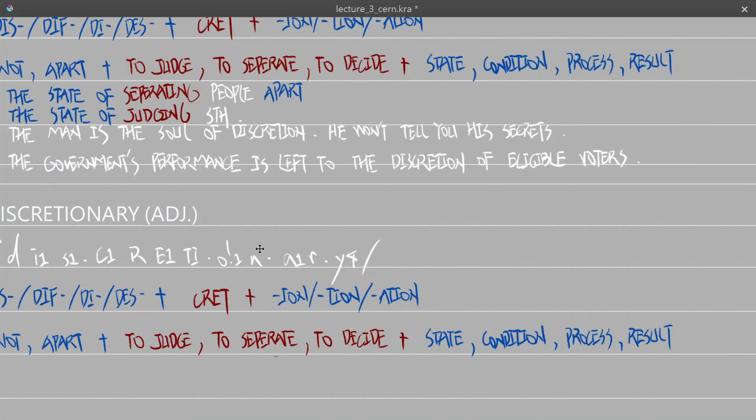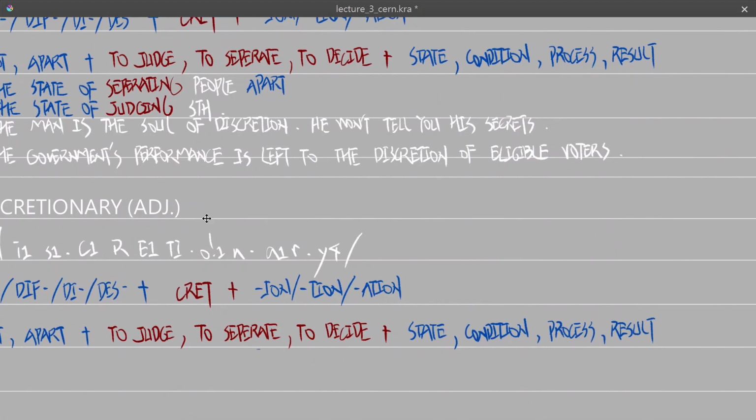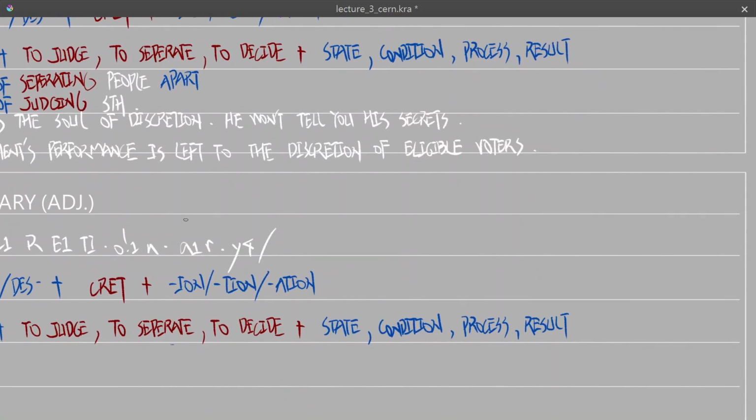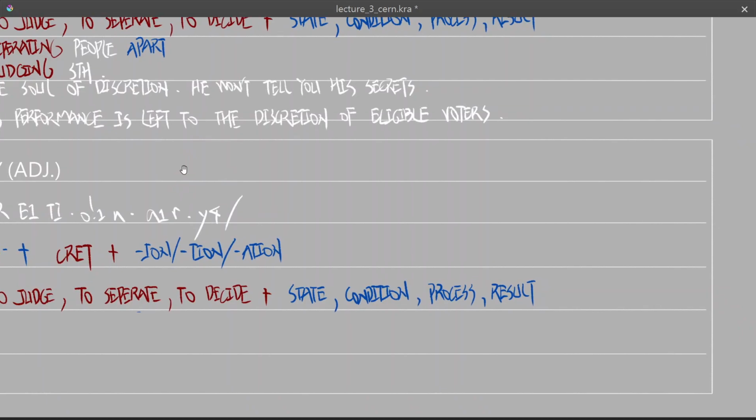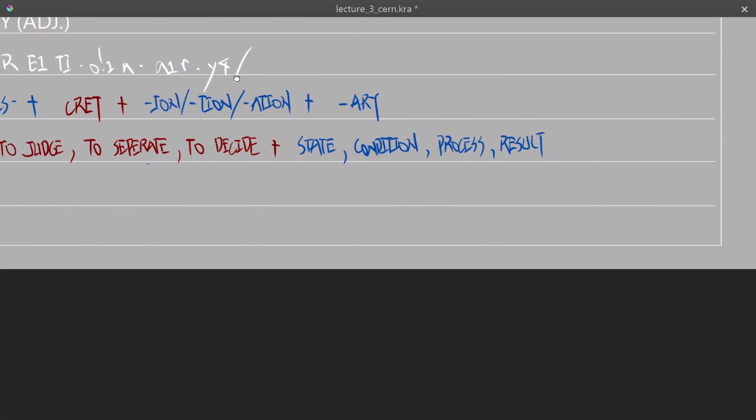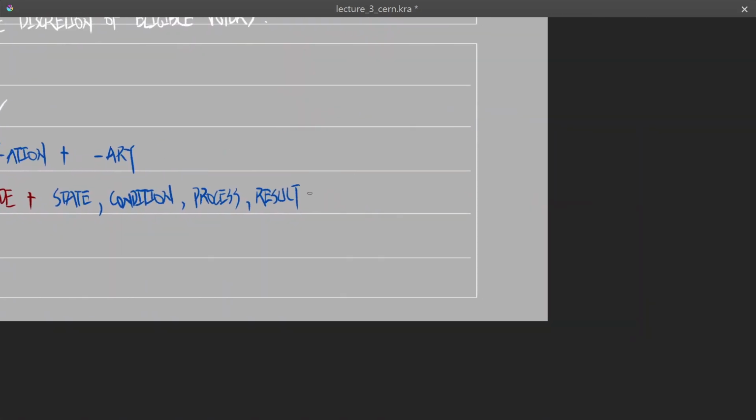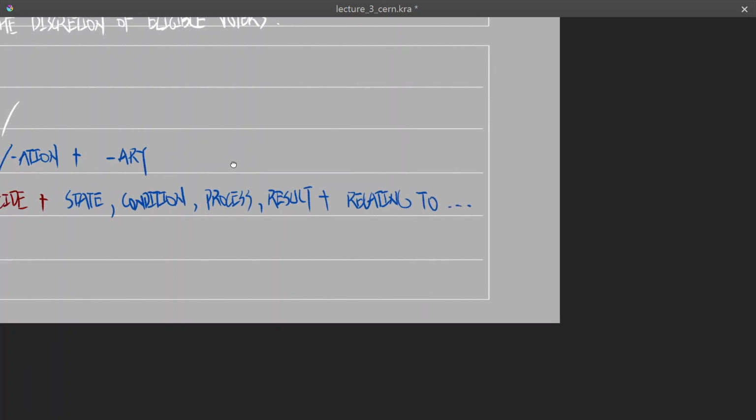Okay, so lastly we have an adjective suffix, ary, meaning leading to something.